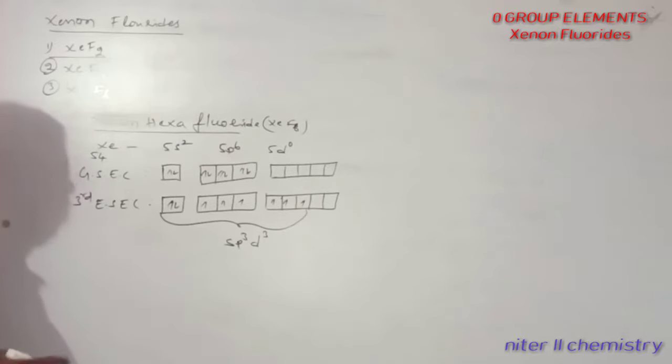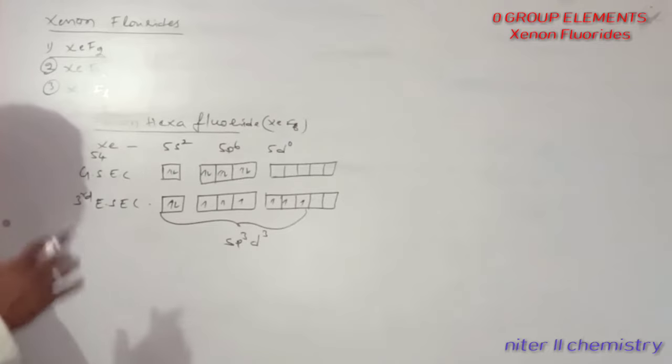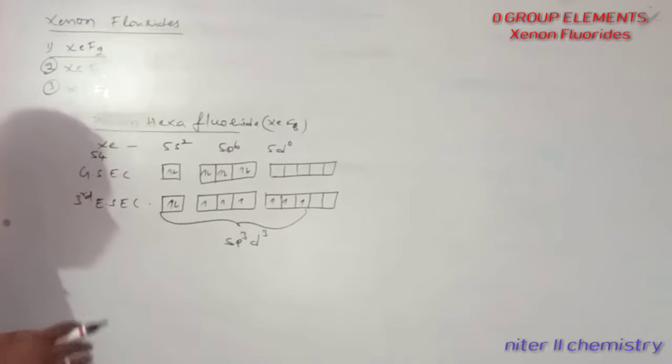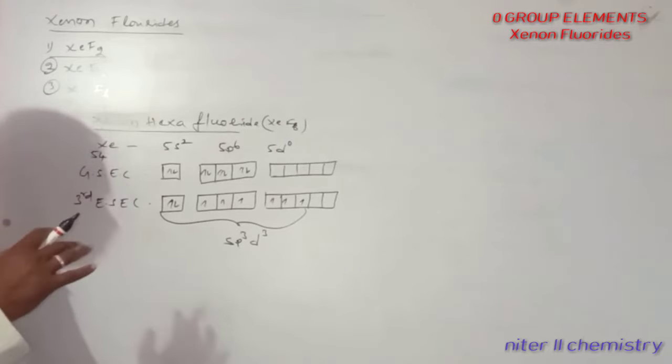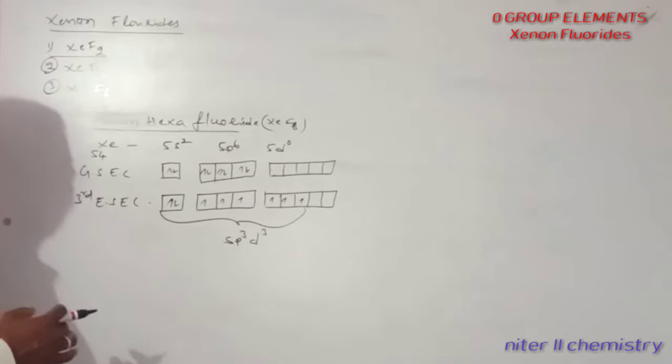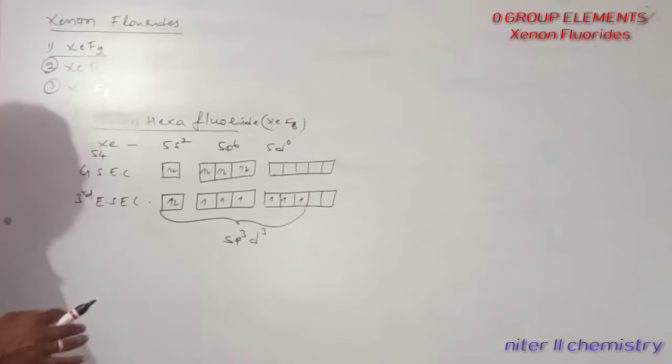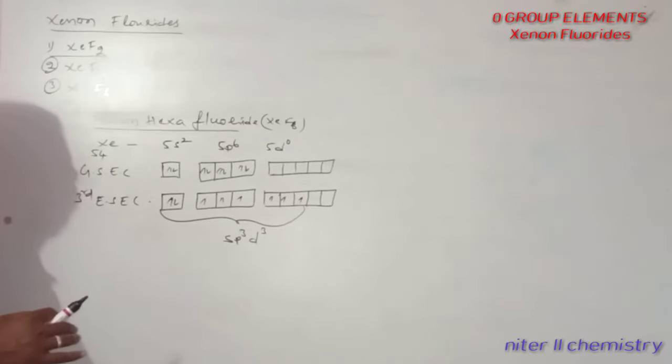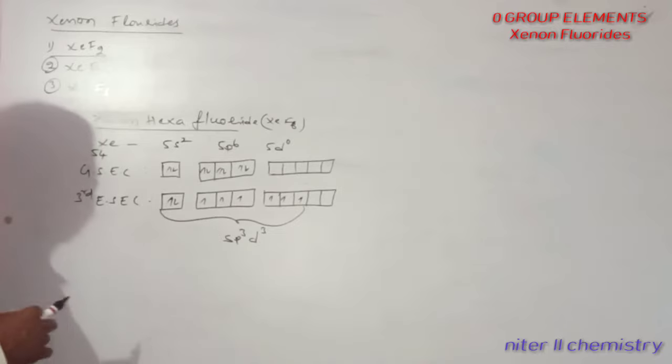In this sp3d3 hybridization the geometry is pentagonal bipyramidal. But in these hybrid orbitals, only 6 of the 7 sp3d3 hybrid orbitals contain unpaired electrons.